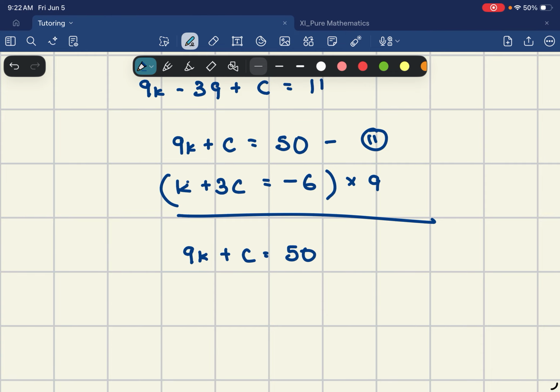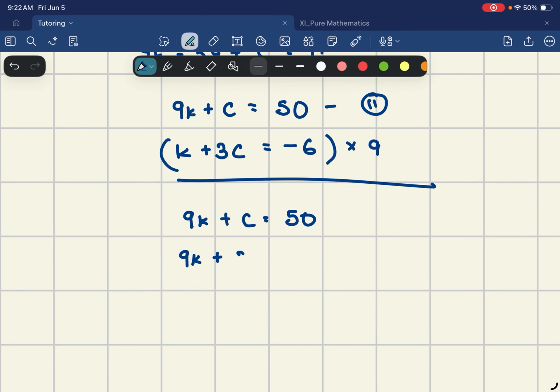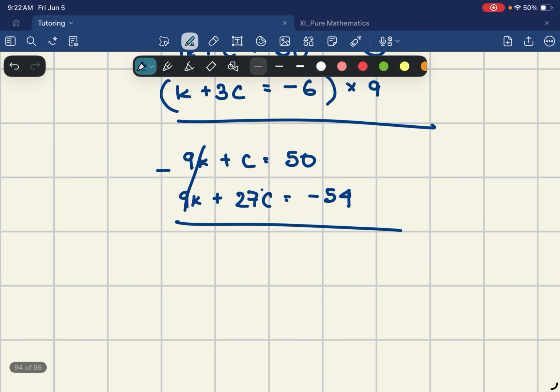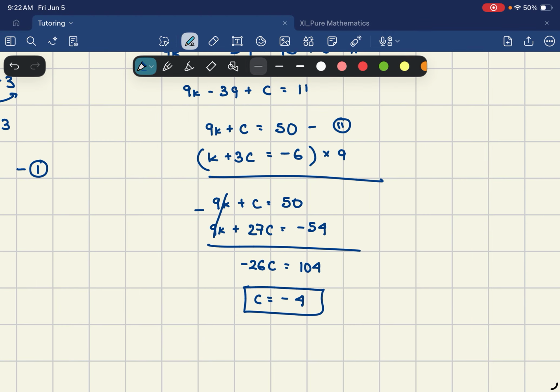And if I multiply equation 1 by 9, I am going to get 9k plus 27c is equal to negative 54. And I'm going to subtract these two. 9k minus 9k cancels out. c minus 27c, that is negative 26c, is equal to 104. And 104 divided by negative 26 gives you c is equal to negative 4.